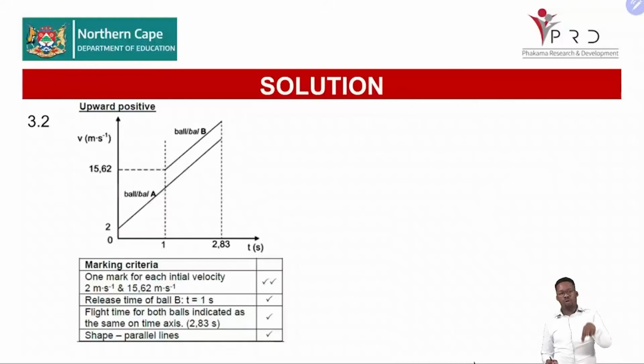The ball started from 2, and then it went down and hit the ground with a certain velocity. Then ball B, after 1 second, was again thrown downwards. As we throw down ball B, it will increase in velocity. But what is important, remember the person observed that both of them hit the water at the same time.